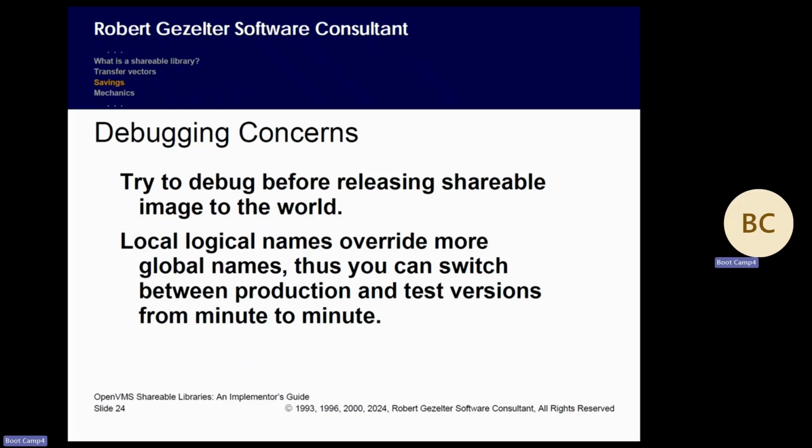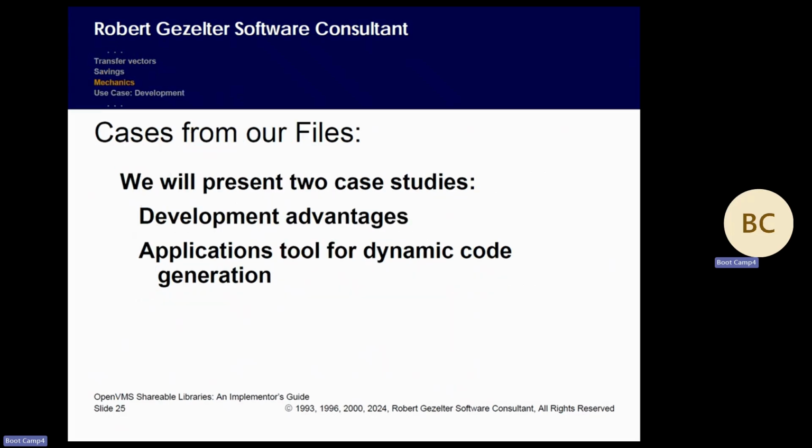There's also several presentations on that, and there are several blog entries relating to logical names and shareable images. And there's also a white paper. All of these are available on my firm's website at rlgsc.com under presentations and publications. We have two examples.